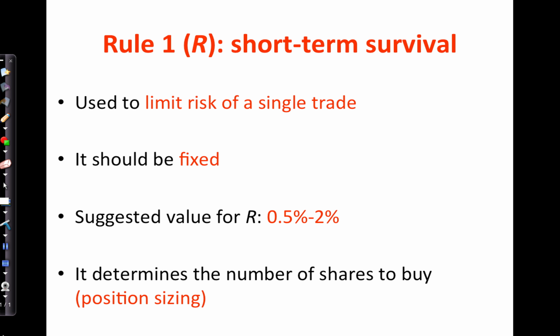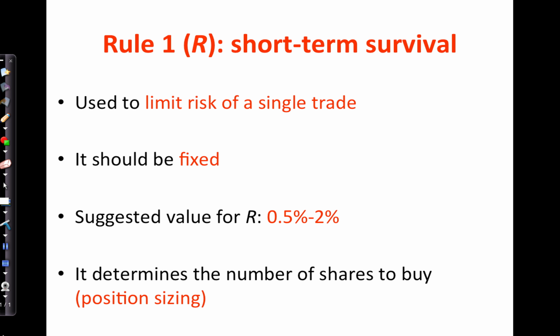And every system that you can trade, you will always have a series of losing trades. You can never have a system that is correct 100% of the times. So it's very important to limit the risk for trade.